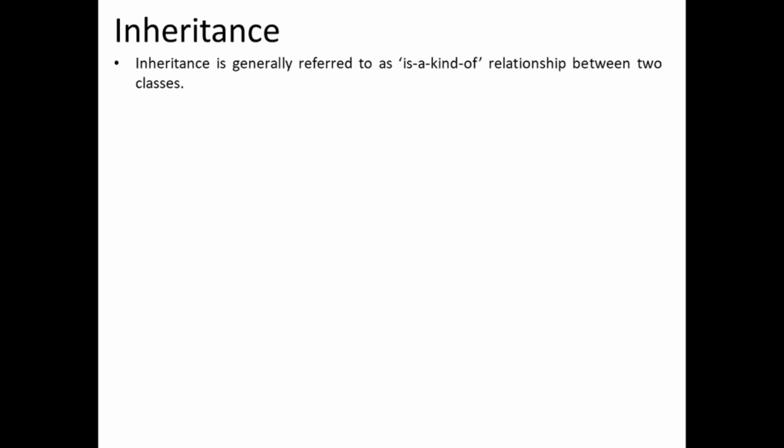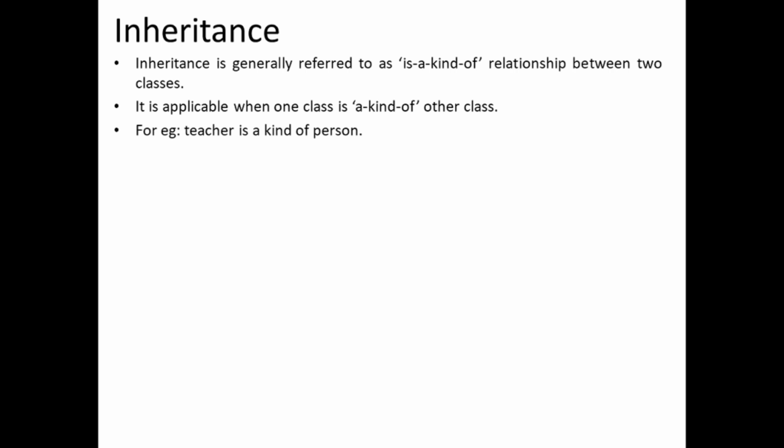See the difference: aggregation and composition represent has-a or part-of relationship, whereas inheritance represents an is-a-kind-of relationship. It is applicable when one class is a kind of other class. For example, a teacher is a kind of person.